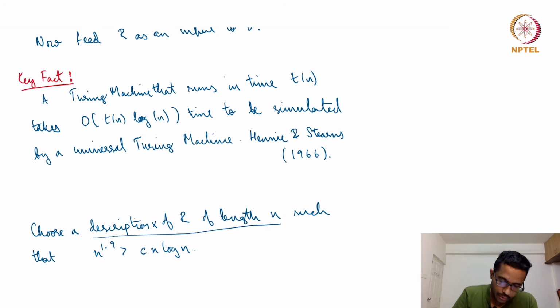A Turing machine that runs in time T(n) actually needs T(n) log T(n) time to be simulated by a universal Turing machine. A universal Turing machine is something that can simulate everything.